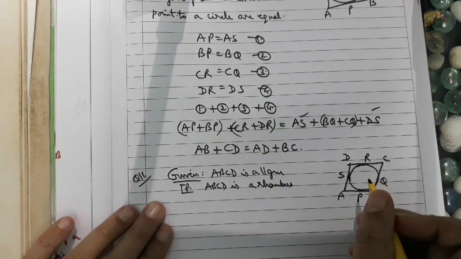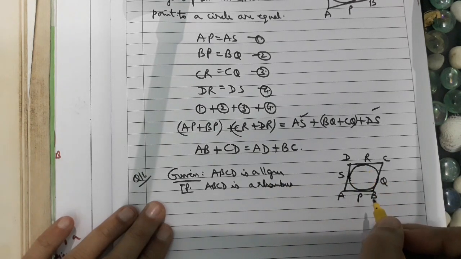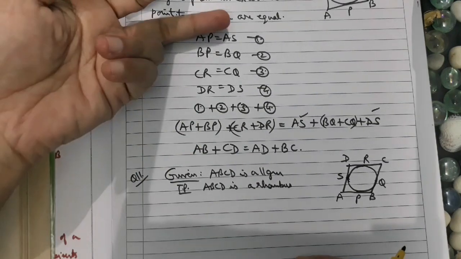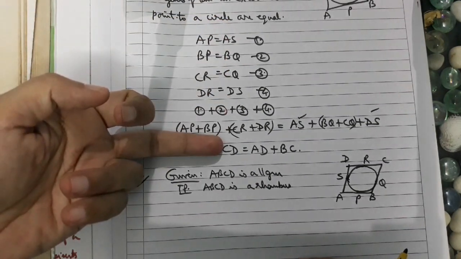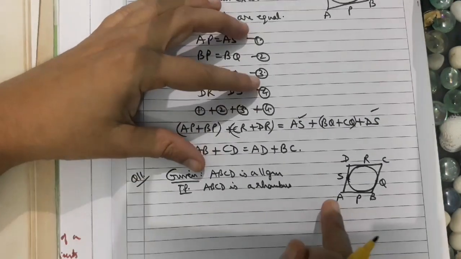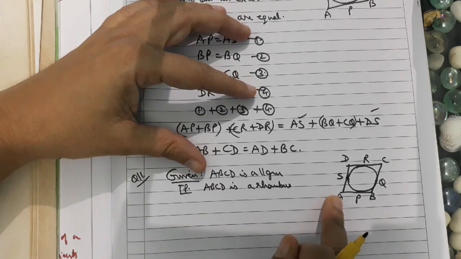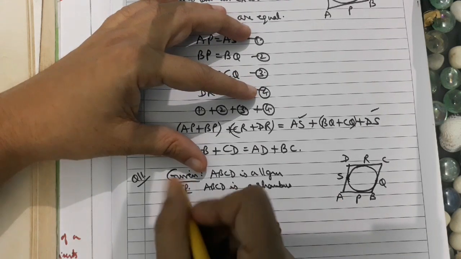So if we prove that in a parallelogram the adjacent sides are equal, then it becomes a rhombus. So over here, we do the entire process that we have done in the 8th question in the same way. So we know that lengths of tangents from an external point to a circle are equal.